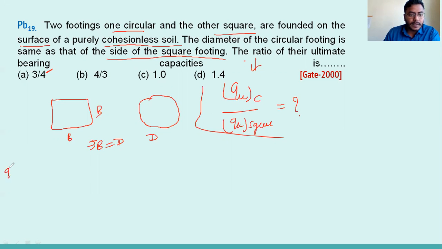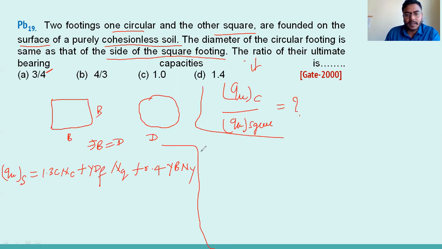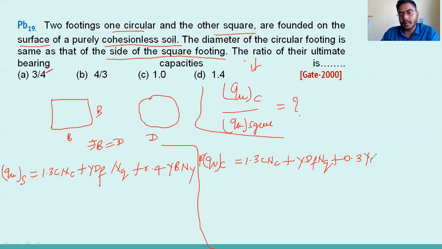So we can write the ultimate bearing capacity for the square: 1.3 C NC plus gamma DF NQ plus 0.4 gamma B N gamma. Similarly, for the circular, we can write 1.3 C NC plus gamma DF NQ plus 0.3 gamma B N gamma.